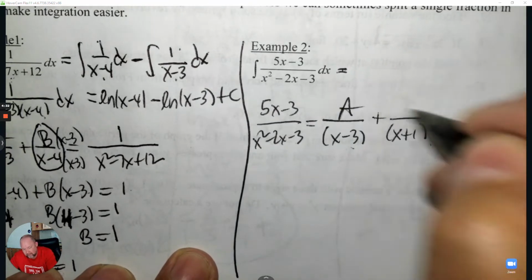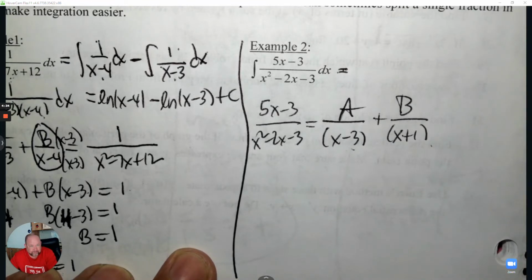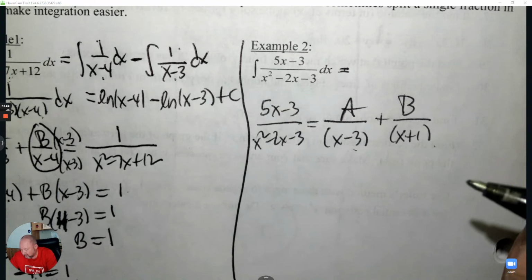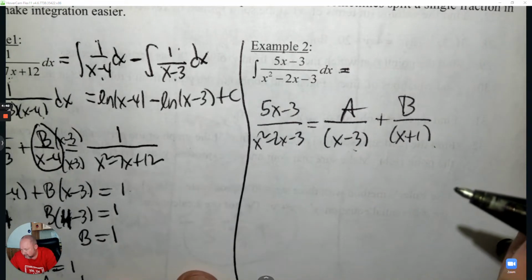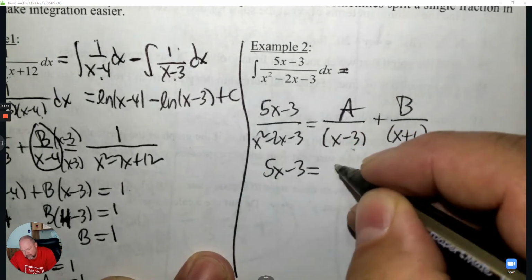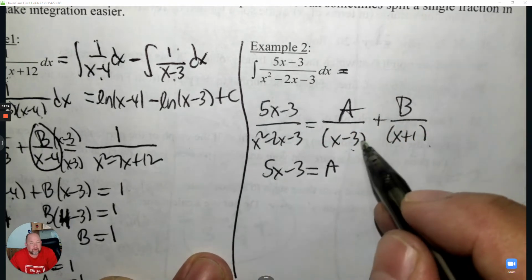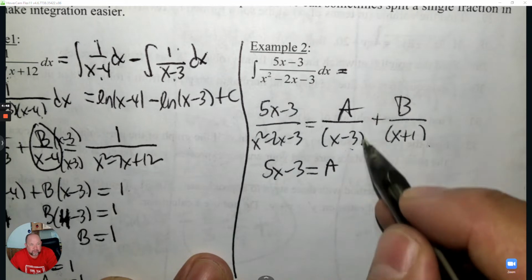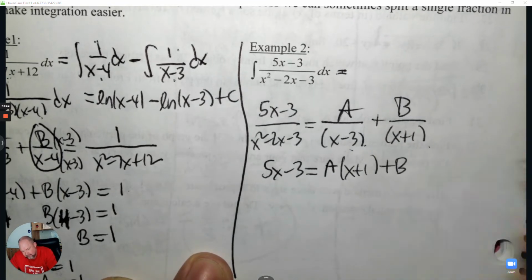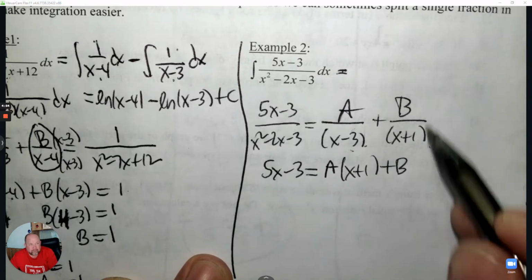And then one's going to be a and one's going to be b. So we're going to let 5x take away 3 equal. Now to create common denominators, I'm going to multiply this by x plus 1. And I'm going to multiply this by x minus 3.